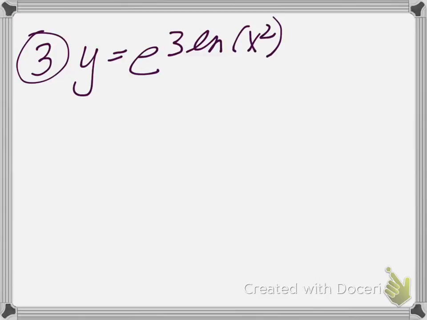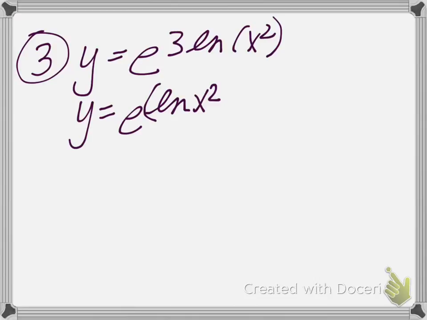Okay, so this time I'm just going to go straight ahead to making it a little bit nicer. So ln of x squared, bringing that, and bring the 3 up here.